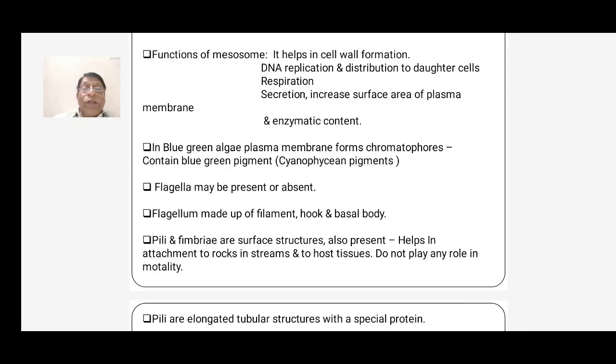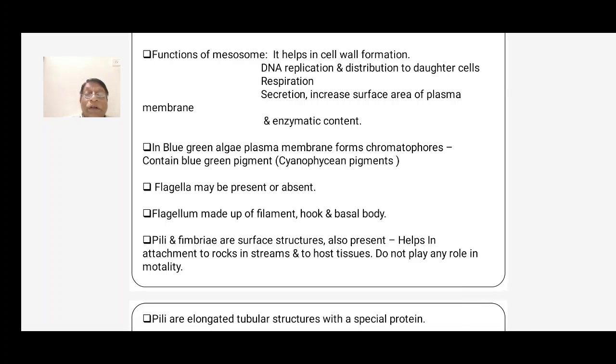In addition to that, we find the pili and fimbriae, which occur as surface structures which help in attachment to rocks in streams and also to the host tissues.